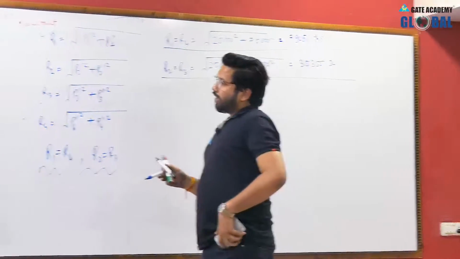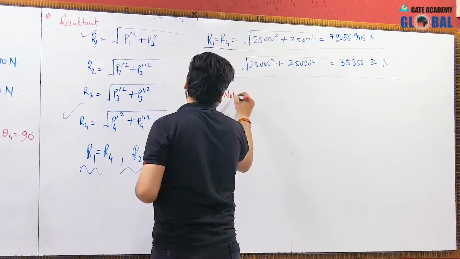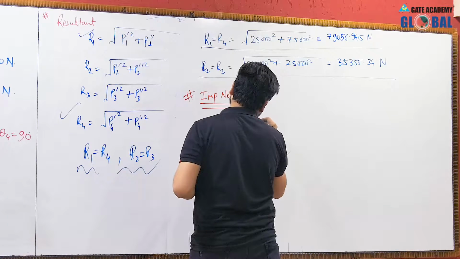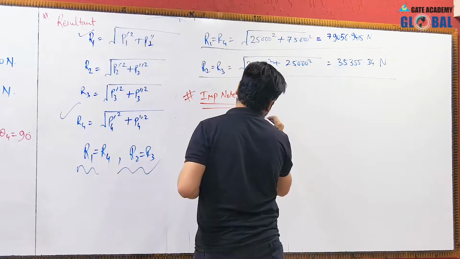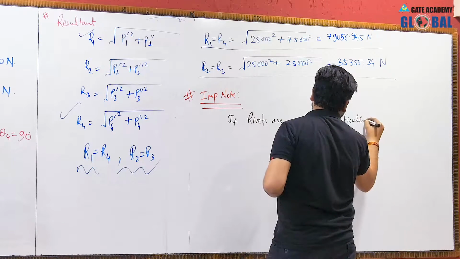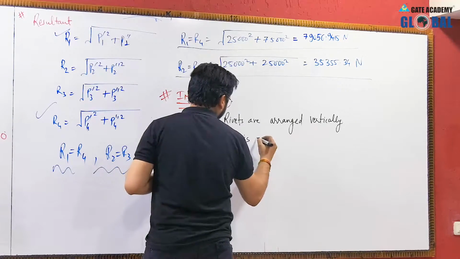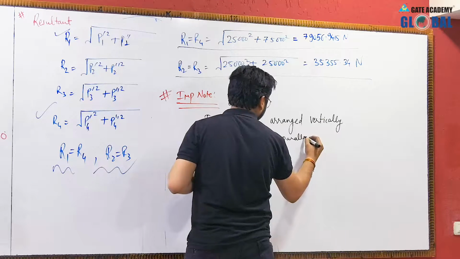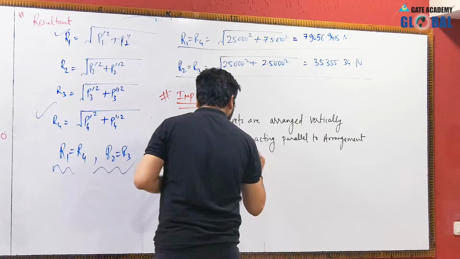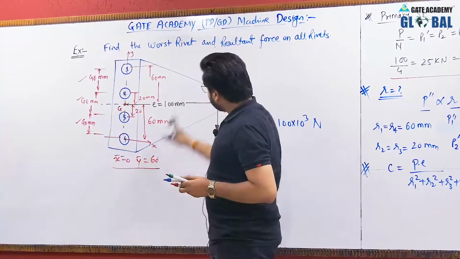So now we can make a conclusion. Make an important note: if rivets are arranged vertically and the load is acting parallel to the arrangement of rivets, same as in this case, here also we have a vertical arrangement of the rivets, and the line joining the rivets and the line of action of the load are parallel to each other.